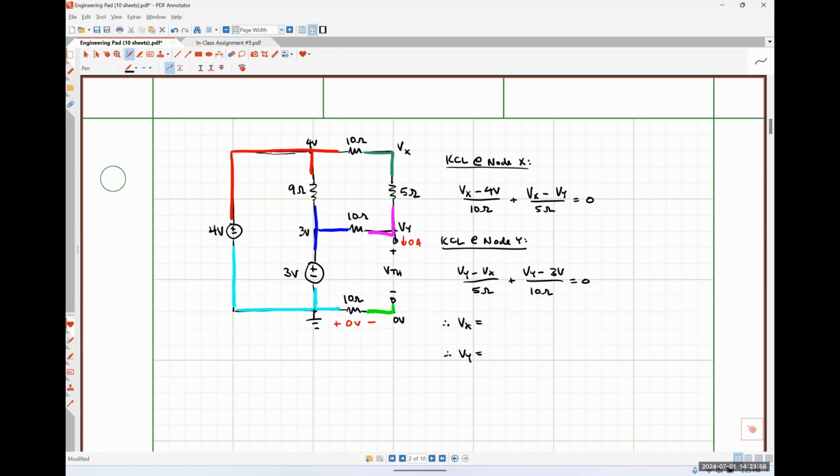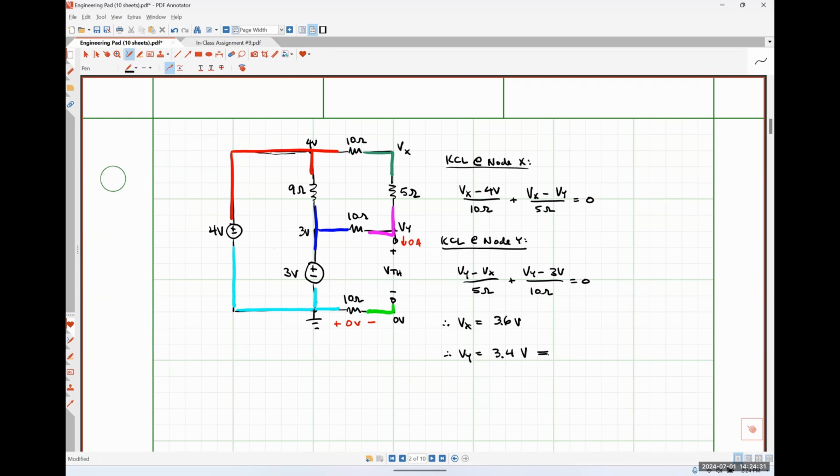My coefficient for Vy is 1/5 plus 1/10. And my constant term is positive 3/10. And when I solve this system, I get Vx to be 3.6 volts and Vy to be 3.4 volts.